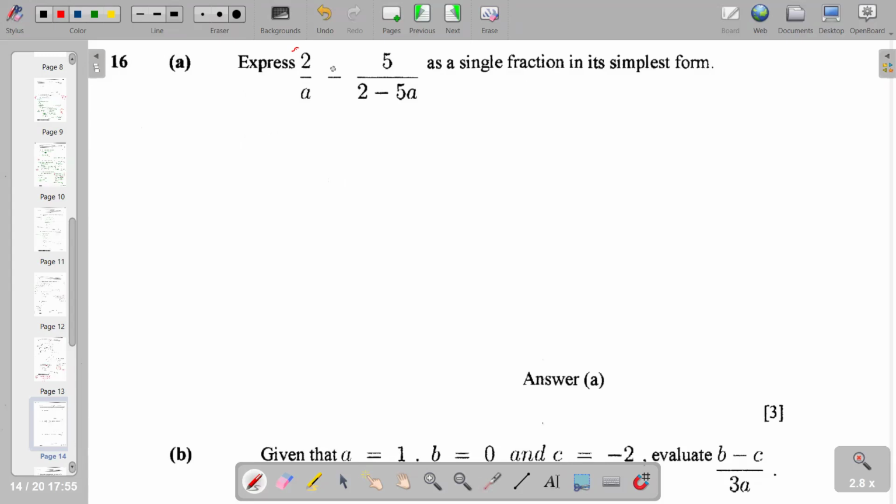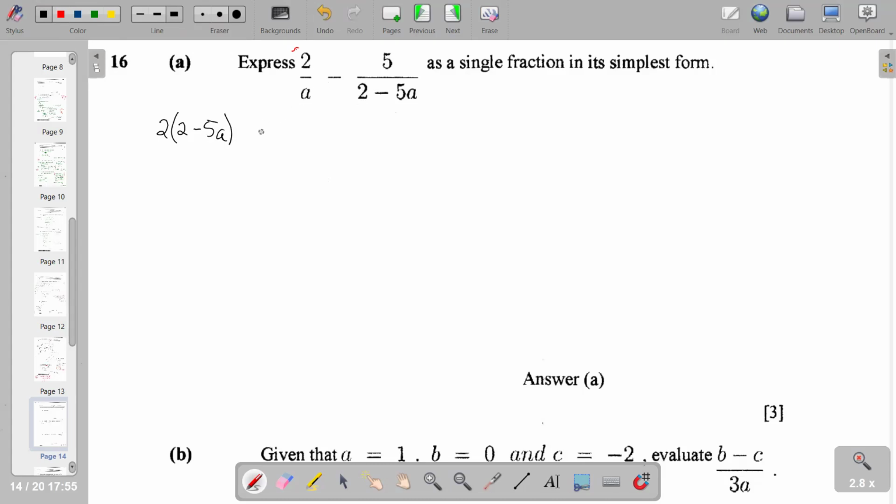To subtract these fractions, you are going to multiply this numerator by this denominator. So we are going to have 2, which is multiplied by the denominator here, which is 2 minus 5a.